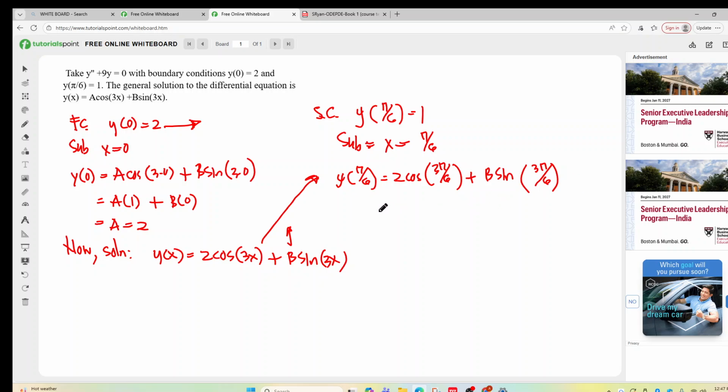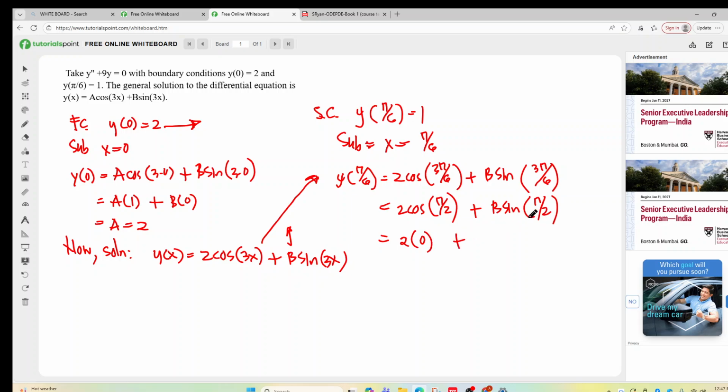Solving this equation, we have 2 cosine pi over 2 plus b sine pi over 2 as well. And of course, we know that cosine pi over 2 is equal to 0, so it means 2 times 0.